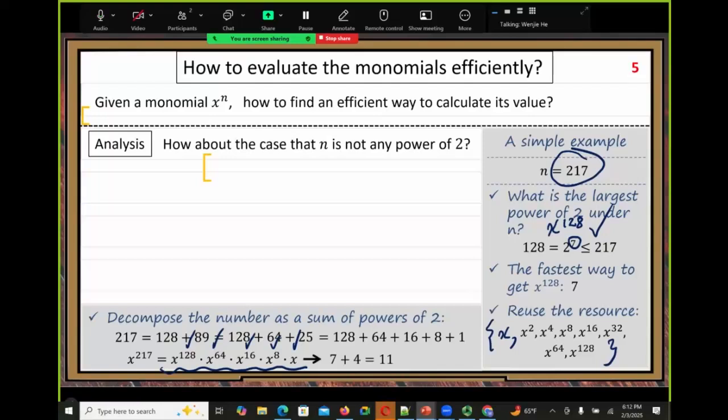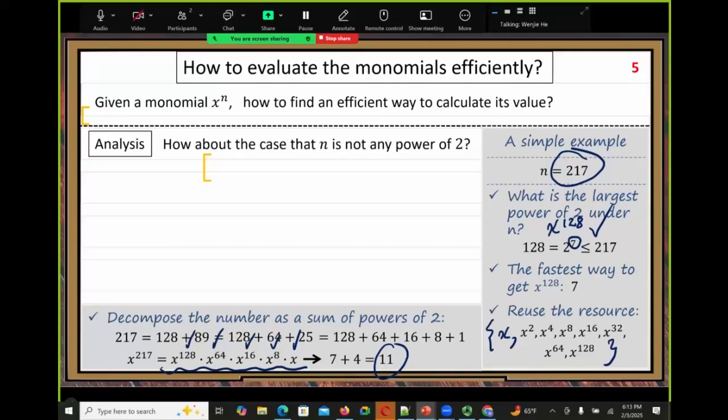So the answer is 7 plus 4 equals 11 multiplications. To generate your resource pool, you need 7; after that, 4 more multiplications to get the final answer, x to the 217. Can you see that?